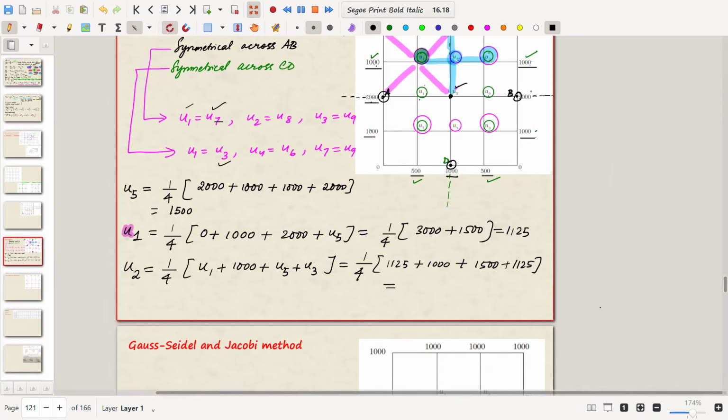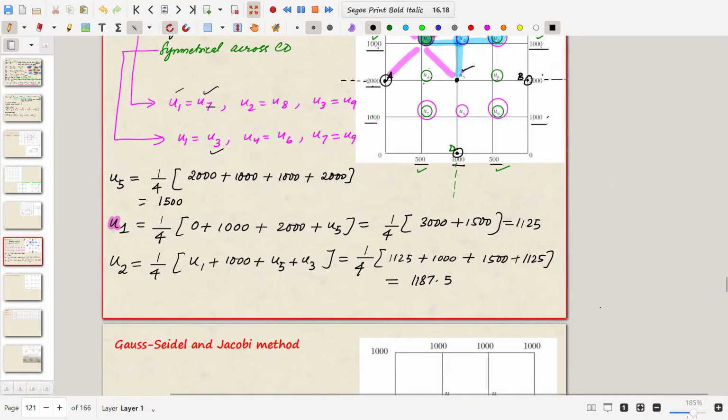How much is this? Should be an integer, I think. 1187.5.